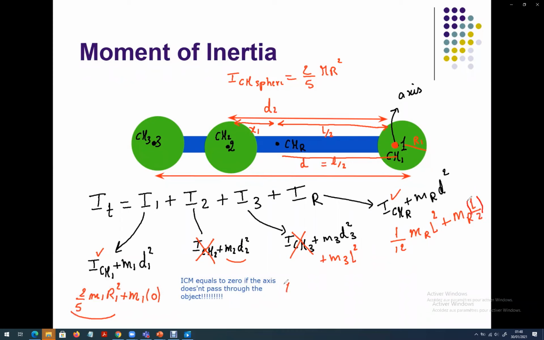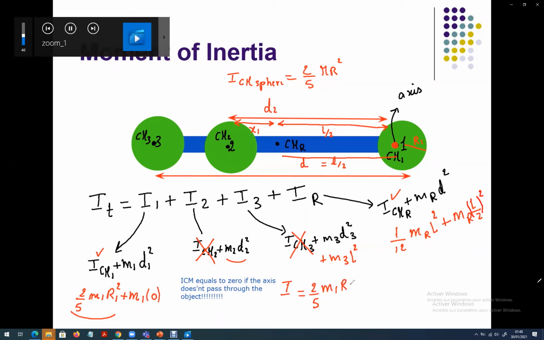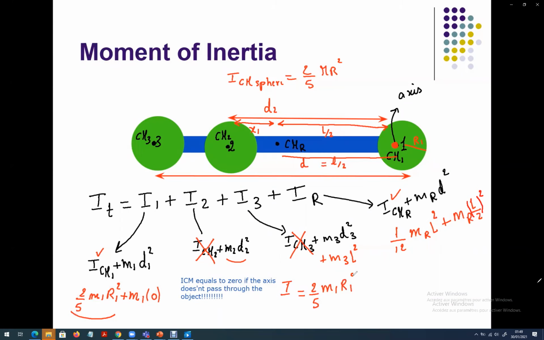In this case, we can say finally, I total equals I1, which is 2 over 5 M1 R1 square, where R1 is the radius of ball 1, plus I2 equals M2 D2 square, plus I3 equals M3 L square, plus I of the rod equals 1 over 12 M_R L square plus M_R (L over 2) square.